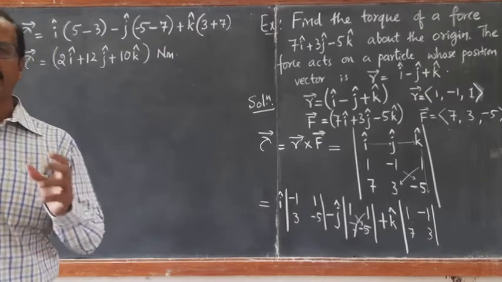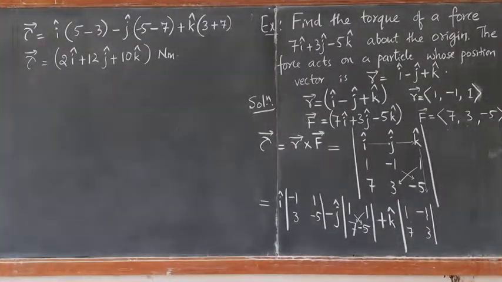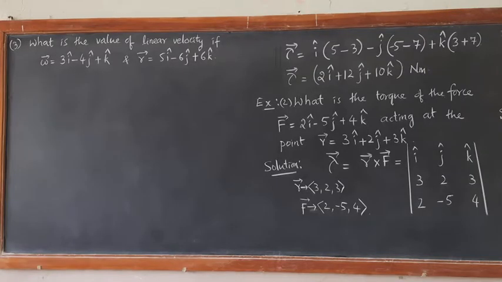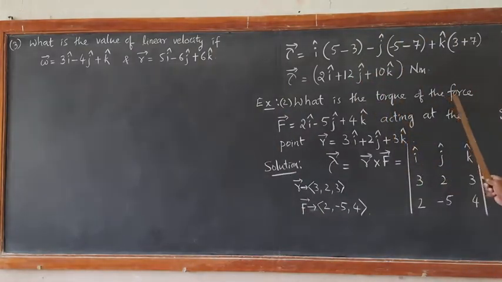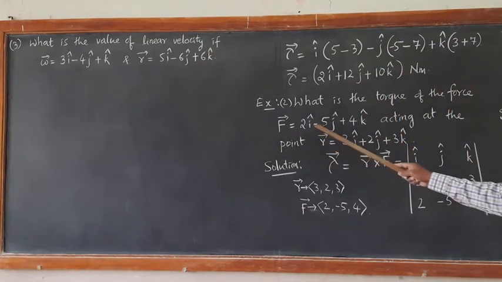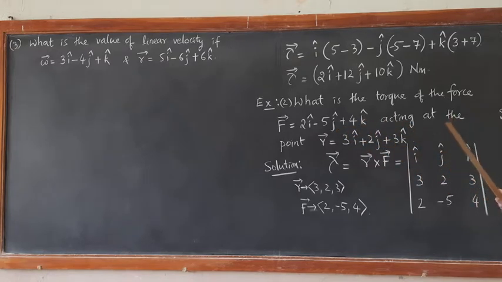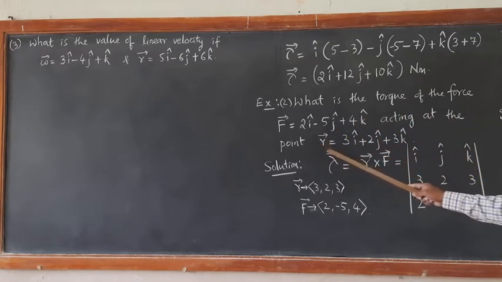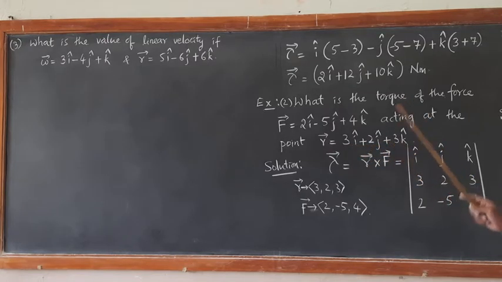In the same way, I will give you one more problem. We will solve one more problem on torque. Now you see, second problem. What is the torque of the force F vector equal to 2i minus 5j plus 4k acting at the position r vector equal to 3i plus 2j plus 3k?